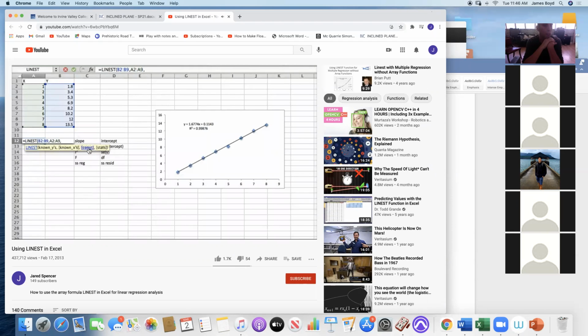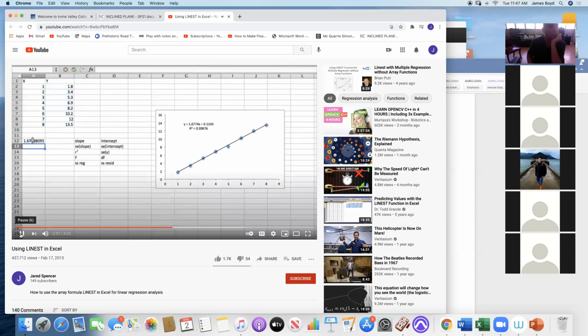Basically, this is a parameter for setting your intercept equal to 0. We don't want to do that. We want to let the data decide where the intercept is going to be. So I'm going to leave that alone. And basically, I'll just put another comma in, leaving it blank up here in the formula. And that will set it to what it needs to be set to. We do want the statistics for the linear regression analysis. So I'm going to set this value equal to true and then close the parentheses and hit enter.